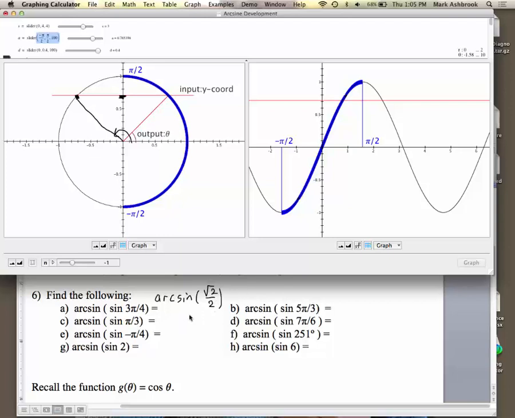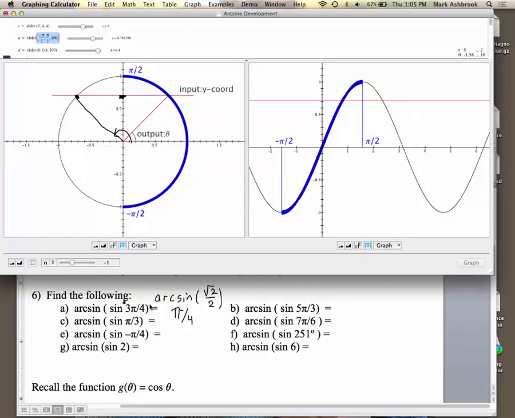Pi over 4. If you put arcsine of radical 2 over 2 in your calculator, you will get an approximation of pi over 4, not 3 pi over 4.